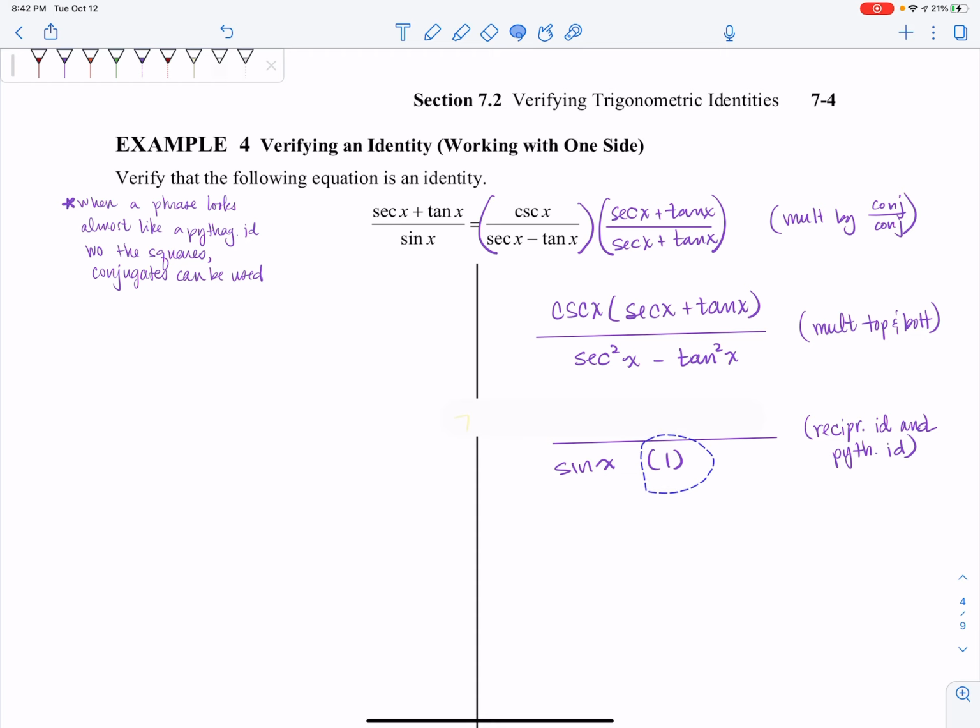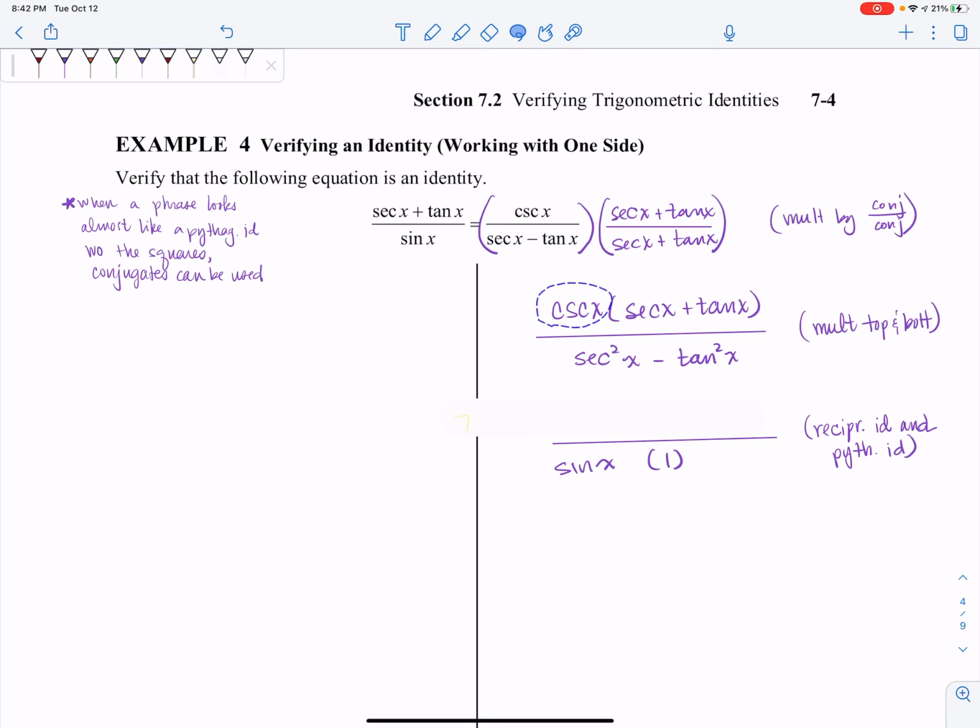And you say, well, where did that sine come from? All right, so take a look. Remember I said that you always want to look at your goal. Remember where you're trying to go. And when I compare this with what I already have, I like that this over here matches this. I don't want the cosecant to be there. It's in the way.